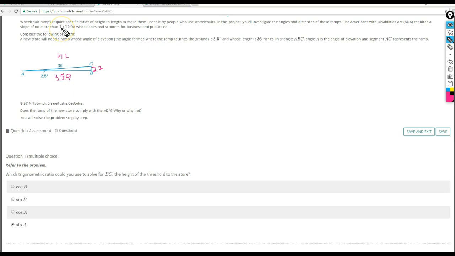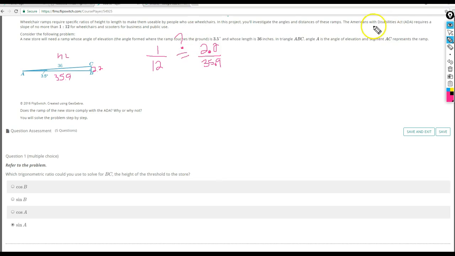Okay, we're going to set up a proportion. Does 1 compared to 12, that's the ratio from the ADA, equal the height that we found, 2.2, compared to the length, 35.9?